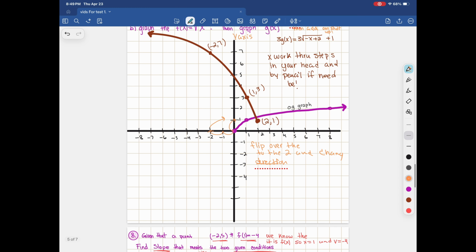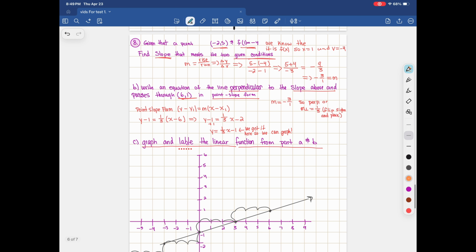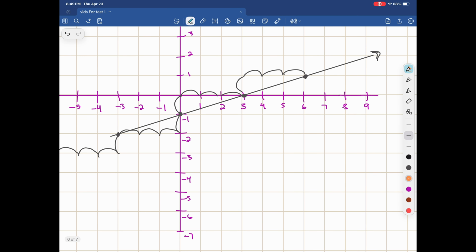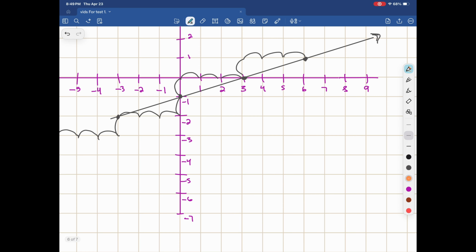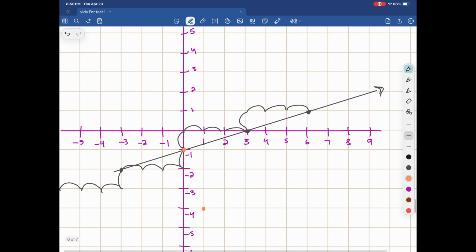My apologies. Like I said, these points should match up. And then we already figured out the slope of this line, so we can do that accordingly. Remember, it's negative, so on negative values, we'll go down and to the left.